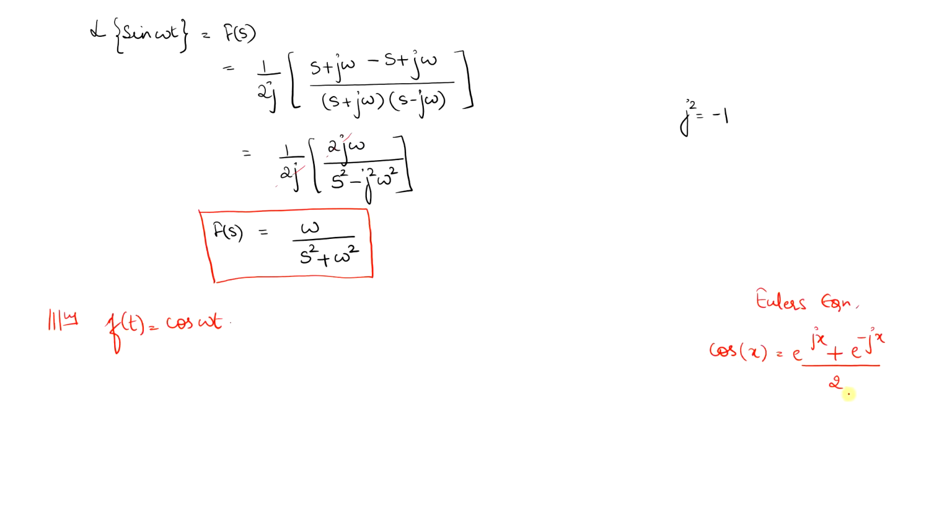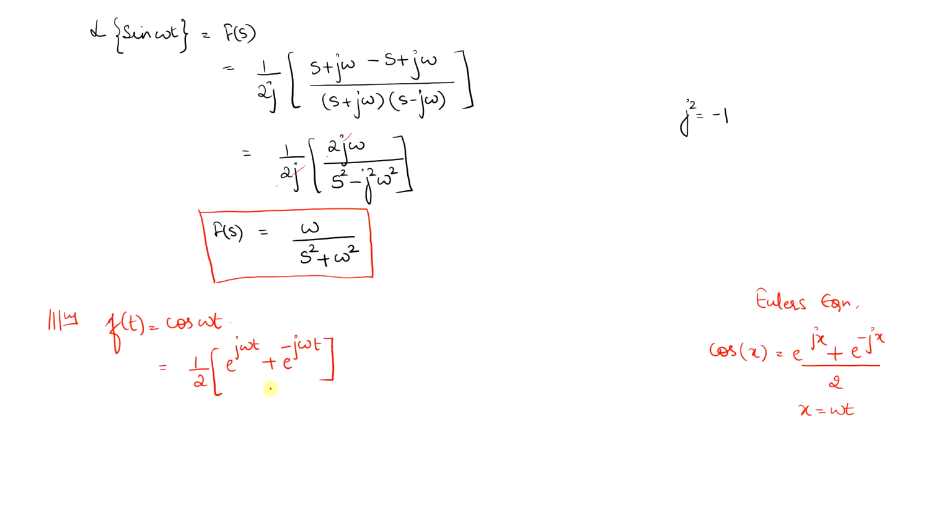So here, as per the equation that we write, x is equal to omega t, and I can represent this as 1 by 2 into e power j omega t plus e power minus j omega t.